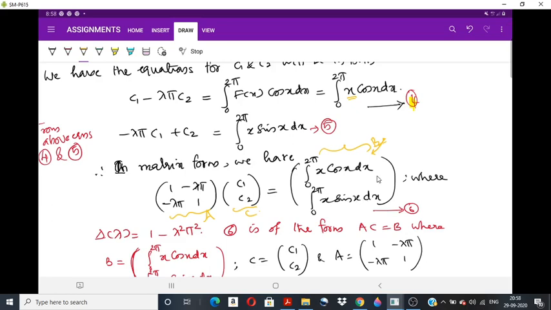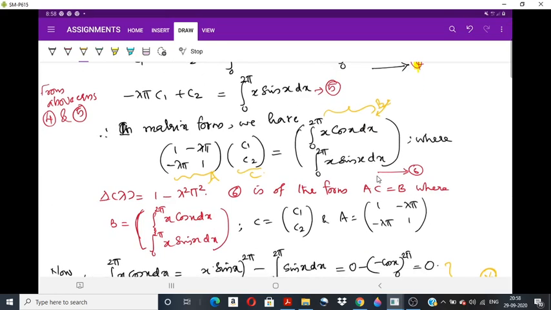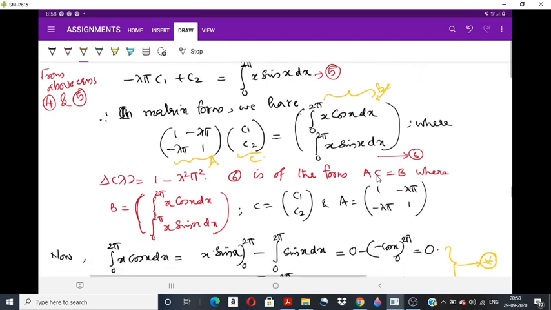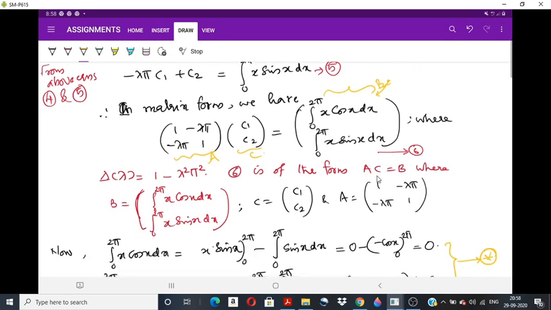Here delta of lambda is equal to 1 minus lambda square pi square, and equation 6 is in the form AC equal to B, where A, B and C are as defined below.